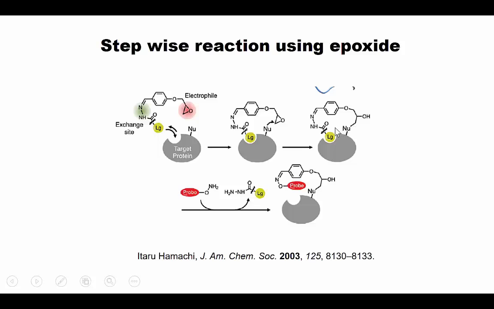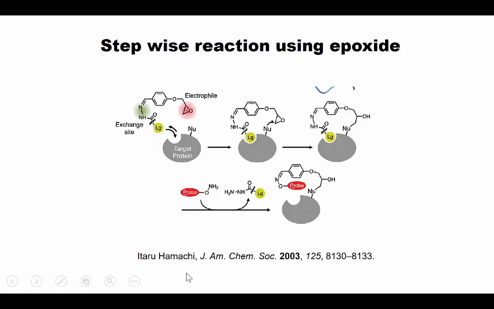After that, you can remove this part and then attach a probe to this motif. Then it's possible to utilize this probe to visualize that protein or isolate this protein very easily. But this is a stepwise reaction. The first step was making covalent binding and exchanging this motif here with the probe molecule. That's why this is a two-step.